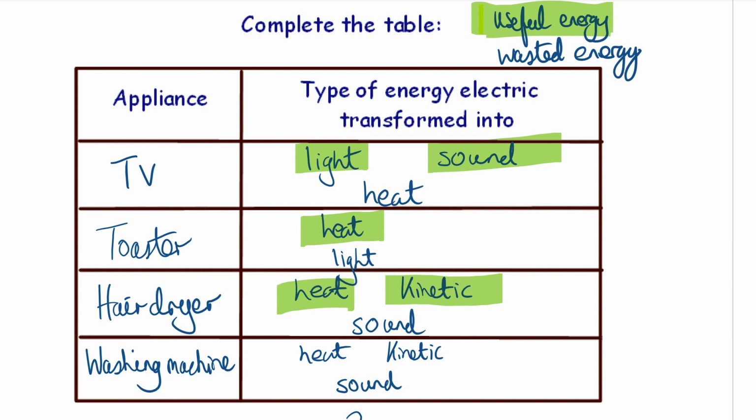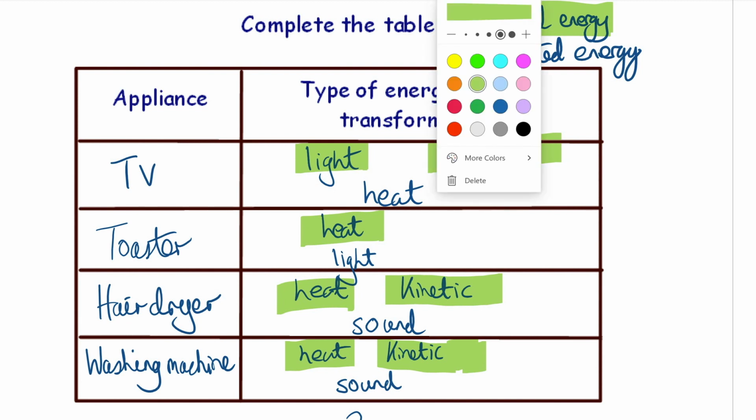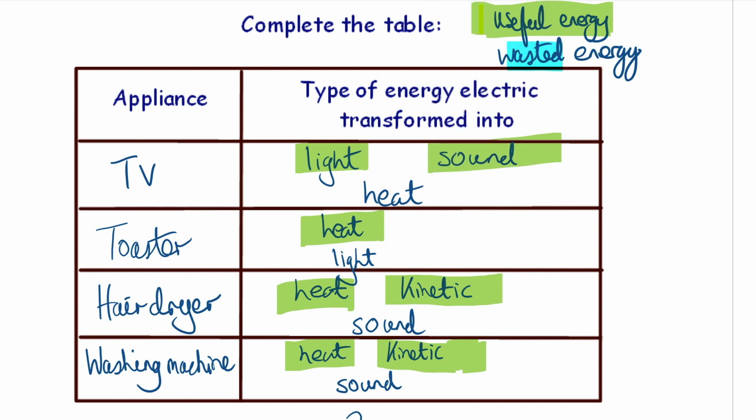And in a washing machine, heat to warm up the water, and kinetic to turn the drum of the washing machine around. So what's left over, of course, are the wasted forms of energy. There'll be a bit of light as the wires in the toaster heat up, and the hairdryer makes sound, as does the washing machine.